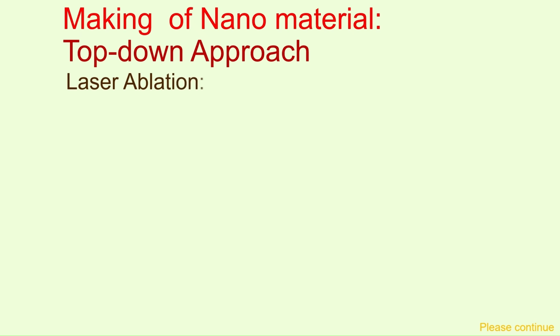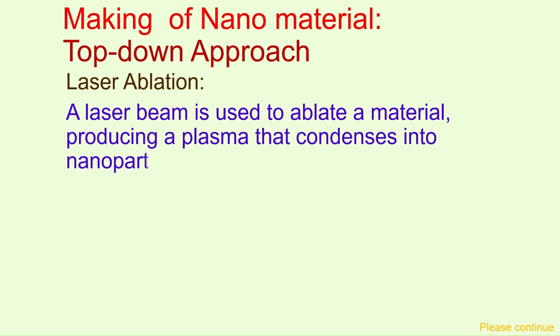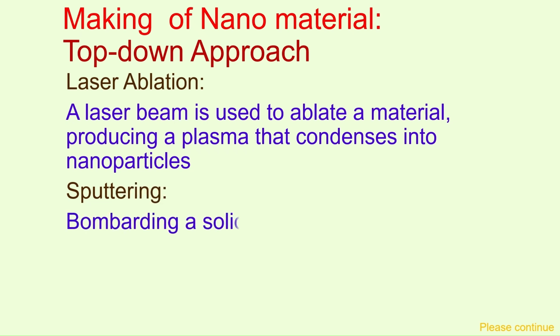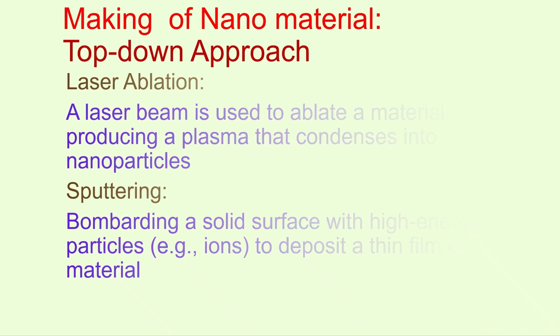Laser ablation. A laser beam is used to ablate a material, producing a plasma that condenses into nanoparticles. Sputtering. Bombarding a solid surface with high-energy particles or ions to deposit a thin film of material.